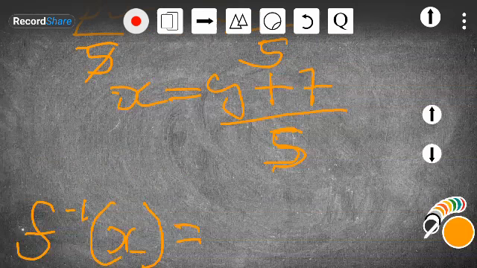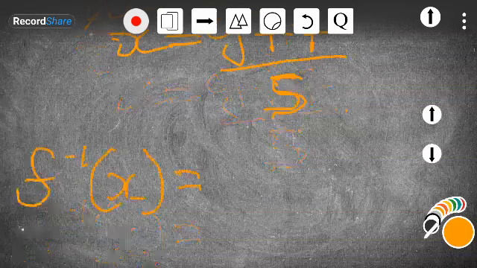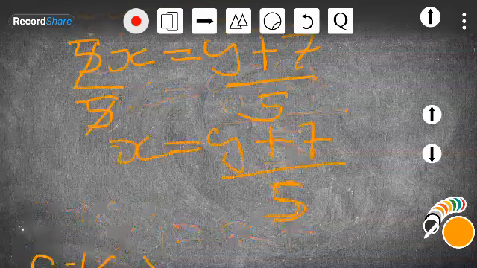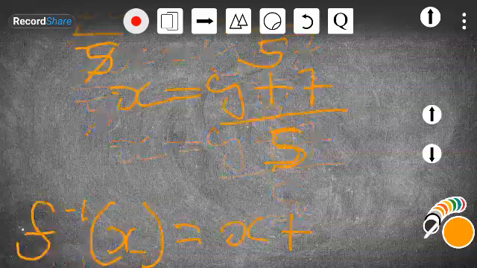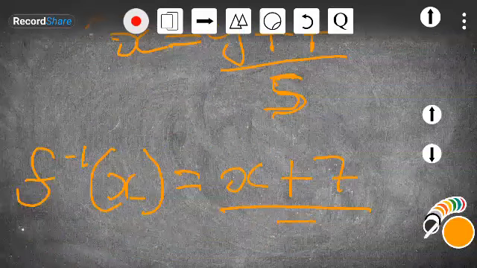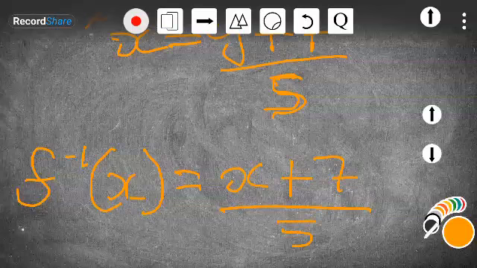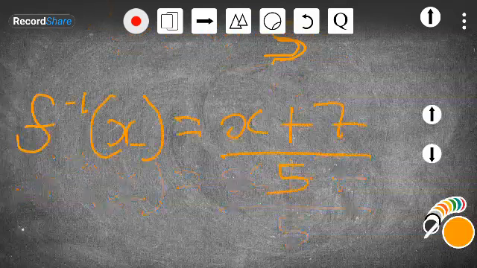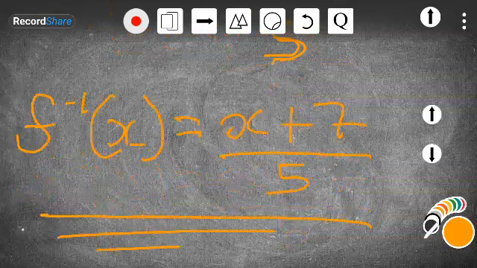So this will be our inverse. The inverse function of x will be equal to x plus 7 over 5.